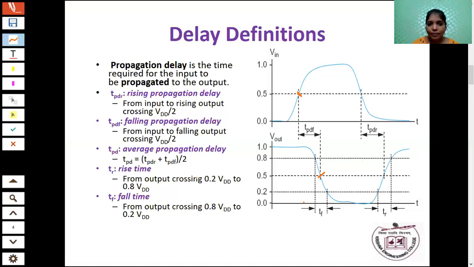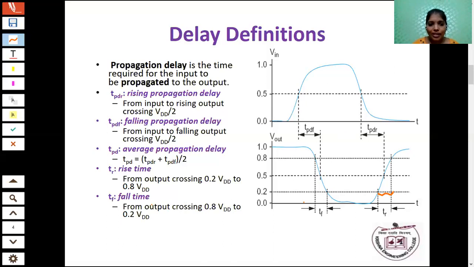For the rise time and fall time, we are considering only the output, not the input. But for the rising propagation delay, you have to consider both the input as well as the output, the time gap between them. For the rise time, the signal transition from 20% to 80% of the output is called the rise time, that is 20 to 80.